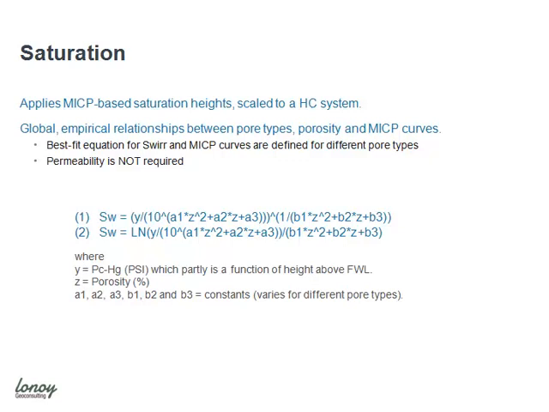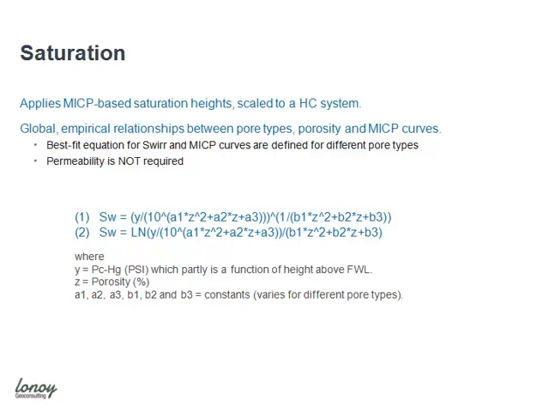Saturation prediction applies MICP-based saturation heights scaled to a hydrocarbon system. The methodology is based on a global empirical relationship between pore types, porosity, and MICP curves. Best fit equations for irreducible water saturation and MICP curves are defined for the different pore types.